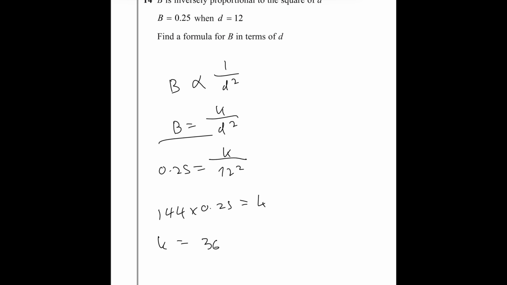Substitute the values in, so 0.25 is going to be equal to K over 12 squared, so 12 squared, which is 144. 144 multiplied by 0.25 is equal to K, which means that K is equal to 36. So remember we have this here, so the equation is basically B is equal to 36 divided by D squared. Let's write that here.